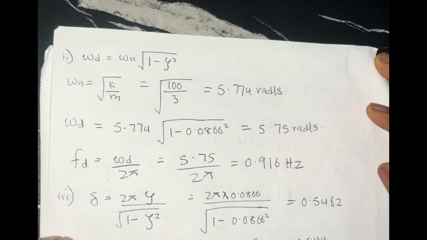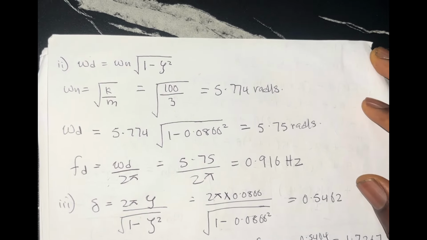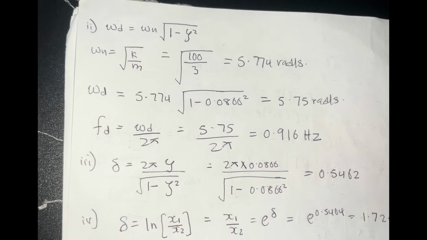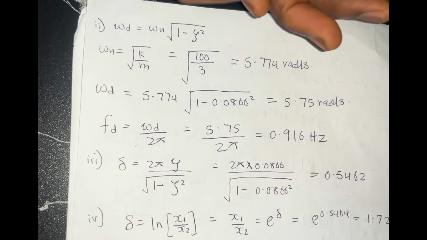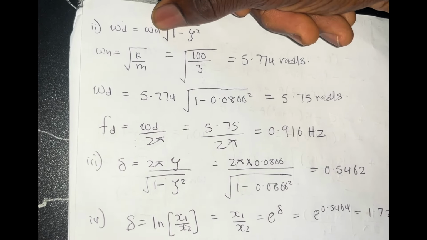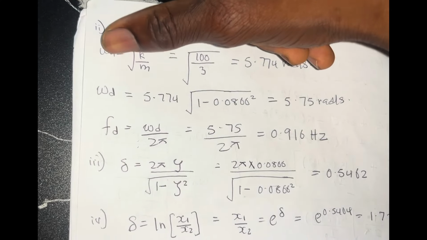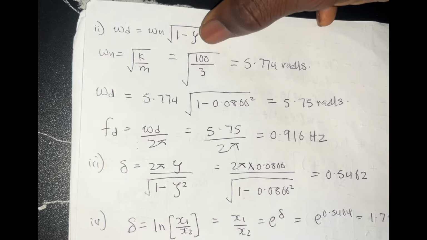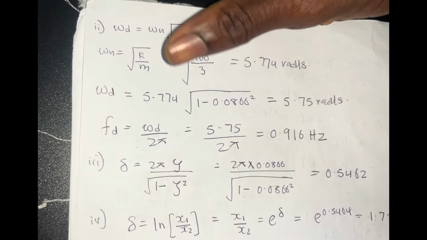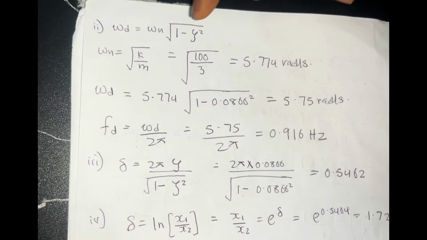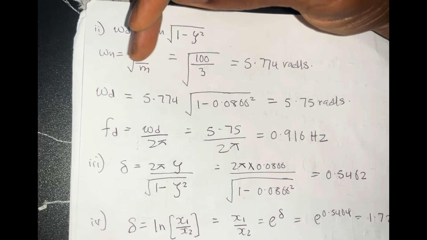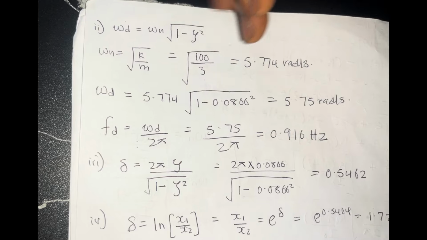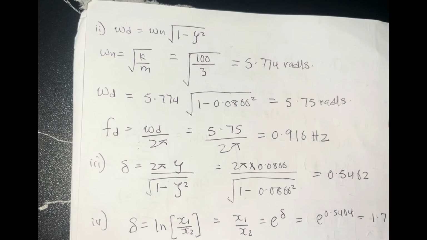As we said before, I want to get the natural frequency of the damped system, which is omega d. We get the natural frequency from the square root of K over M, the standard equation, then multiply by the square root of 1 minus our damping factor squared. So we have Wn equals the square root of K over M. Our K is 100, our mass is 3. We get our natural frequency in rad/s.